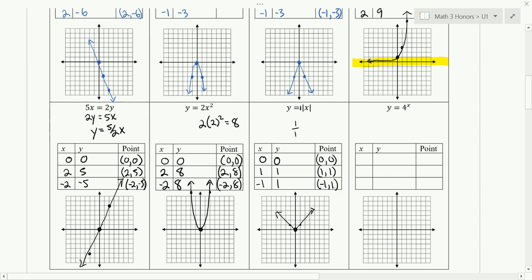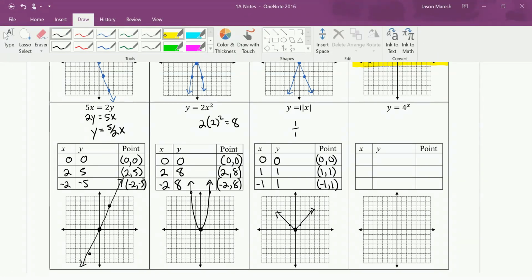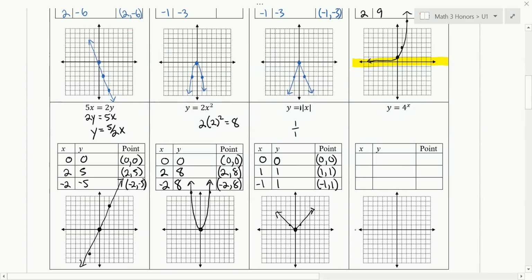And then the last one is exponential because the x is in the exponent. There are some things that we need to carry with us. All exponential parent graphs, this is only on parent graphs, don't touch the x-axis. They stay above it. And they go through a starting point. Where's that starting point? Not 0, 0, but 0, 1, because if you plug in 0, you get 1. 4 to the power of 0 is 1.